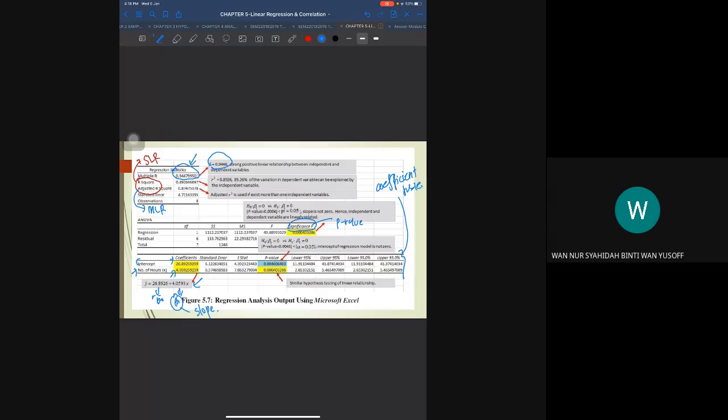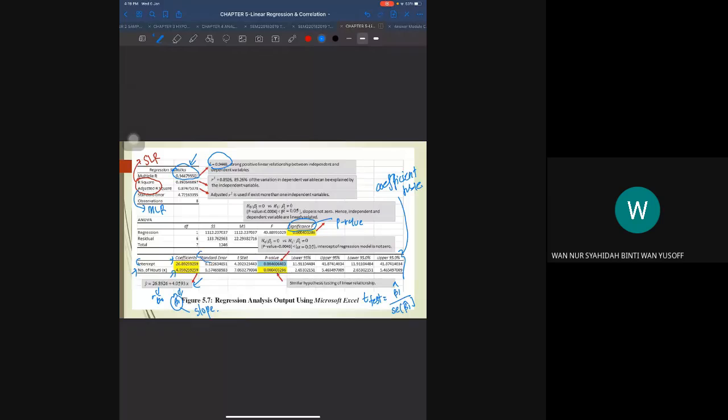Next you have the standard error. So the standard error, we have both for the beta node and also beta 1. If you notice, when we calculate manually the t-test for the linearity test, we have this formula: t-test equals beta 1 cap divided by SE of beta 1 cap.